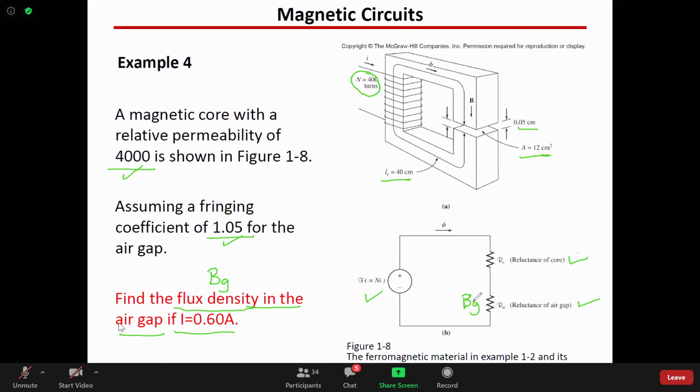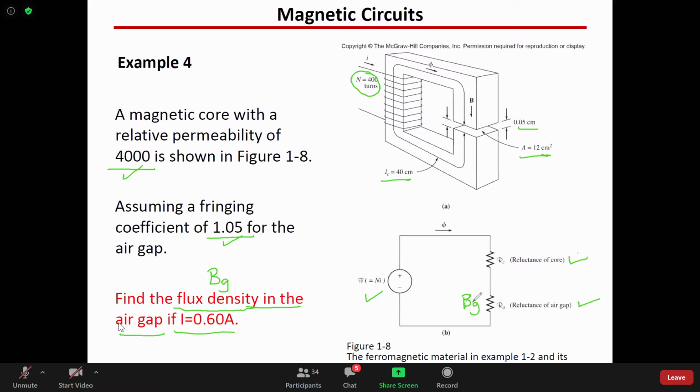Think about this for a second. The fringing coefficient. Well, the fringing coefficient is there, we know it, but how can we reach B_g?